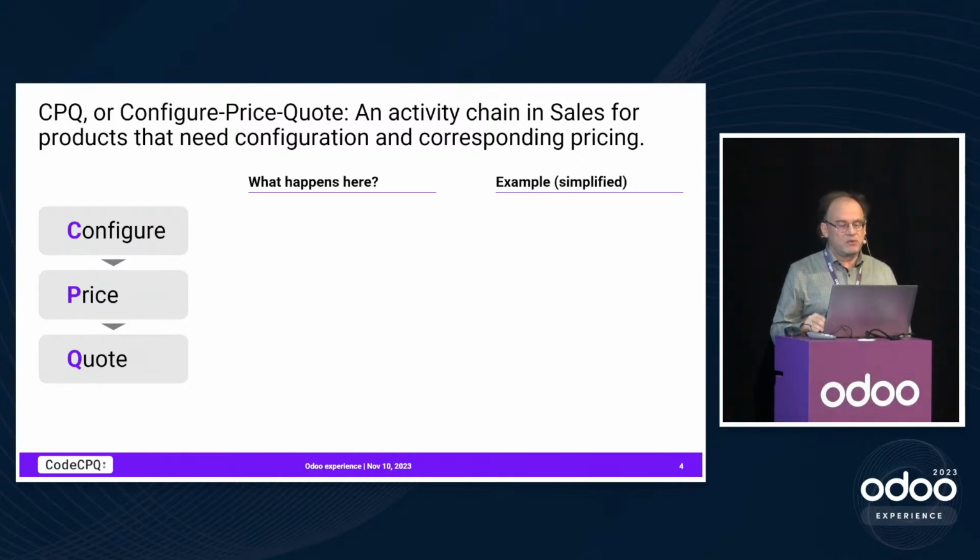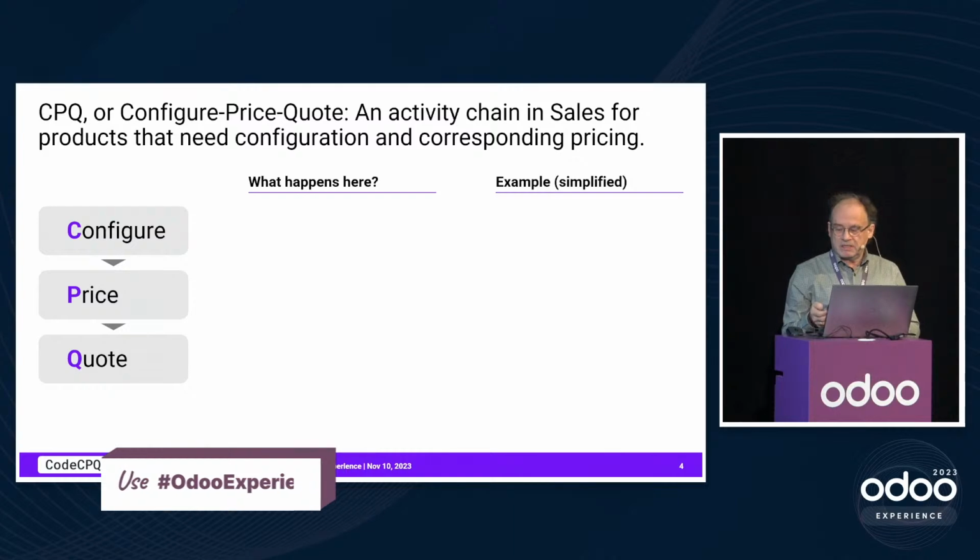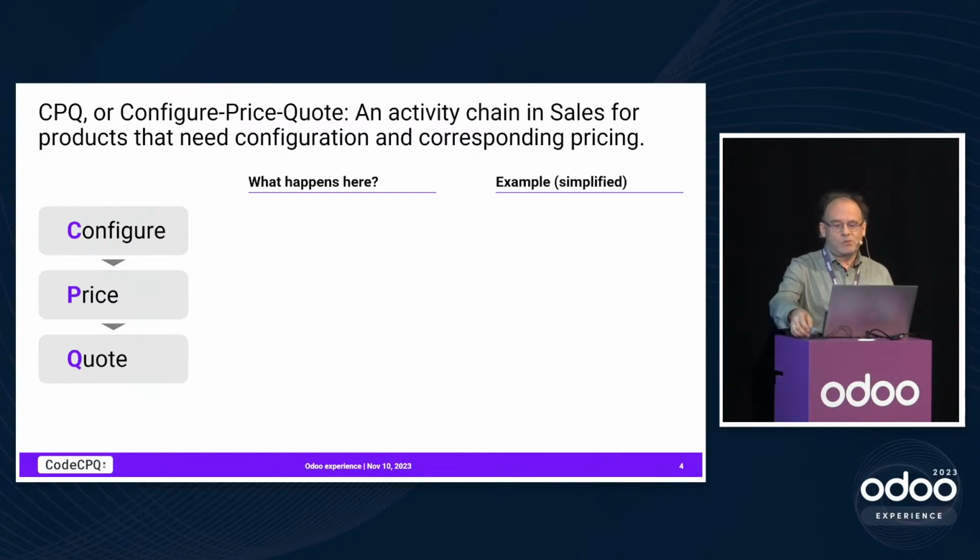In the first step, when configuring, it must be possible to specify the product according to the customer's wishes, but also according to the technical and commercial rules. The product variant is selected and other parameters are defined.